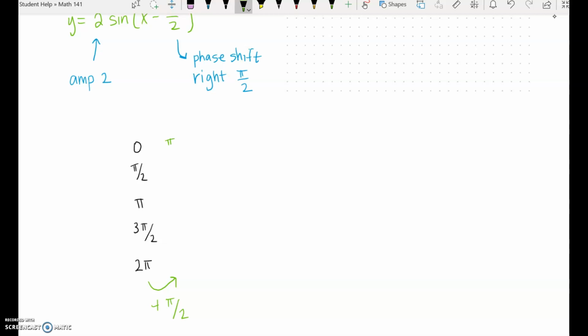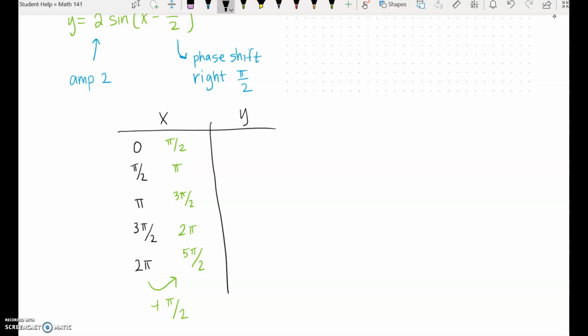So we'll have pi over 2 as our starting point. This will be pi, 3 pi over 2. This will be 2 pi, and then this will be 5 pi over 2. So those are our x values.